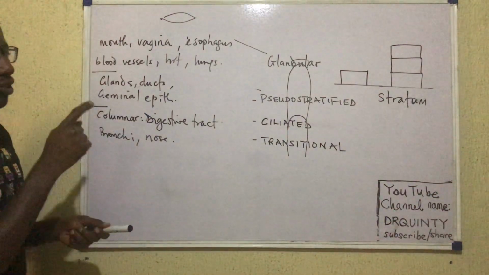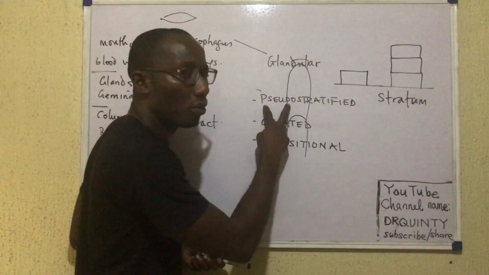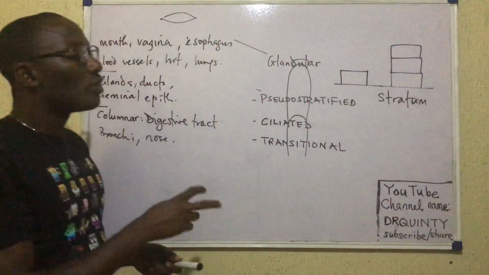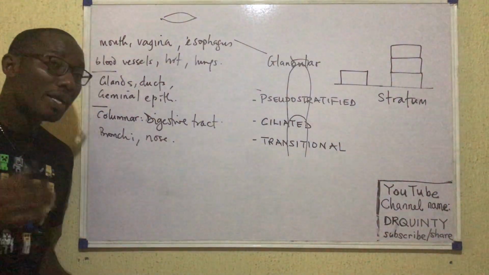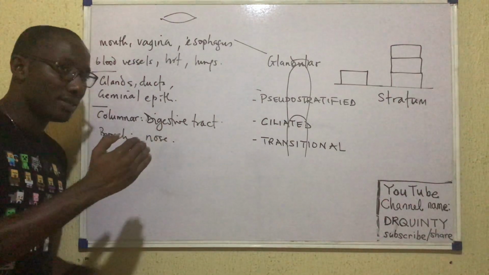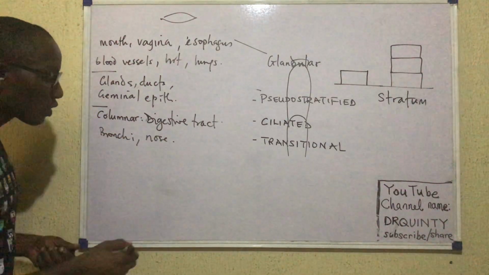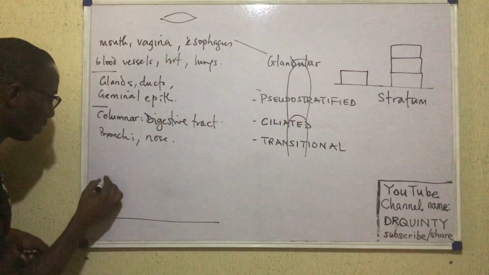So what's the meaning of pseudostratified? Pseudo means false. That is in addition to stratified now. So we use pseudostratified to describe epithelium that looks stratified when in reality it is not stratified. So sometimes you have the basement membrane like this, and you could have an epithelium this way.